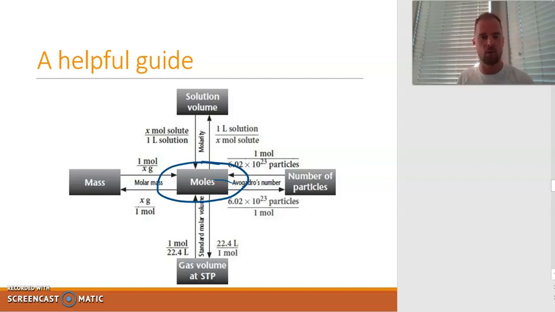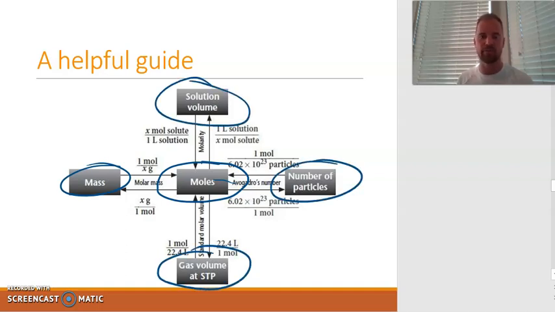If you are in moles, you can get to any unit you want. You can get to grams, you can get to volume, you can get to number of particles, you can get to solution volume. You can get to anything you want. So moles is the central unit. If I was given mass and asked to go to number of particles, I can't get there directly. I first need to go from mass to moles, and then moles to particles.